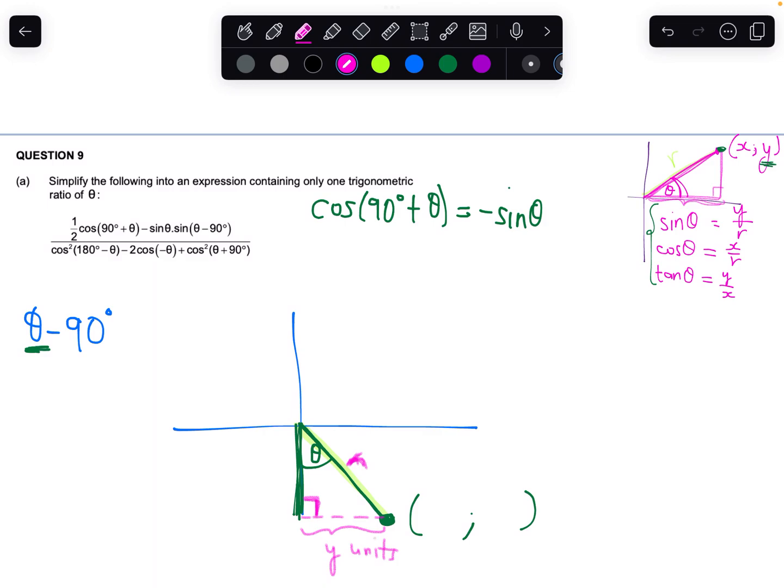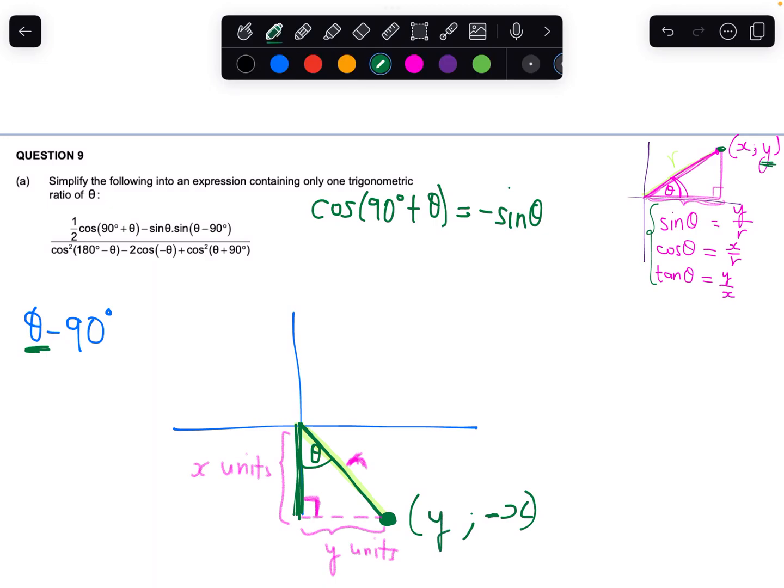And then this other side adjacent to the theta is the x units, so this is x units. Okay, so that means that the x coordinate here is y, because y is positive and we are on the positive side of the x-axis, and the y coordinate will be negative x, right?